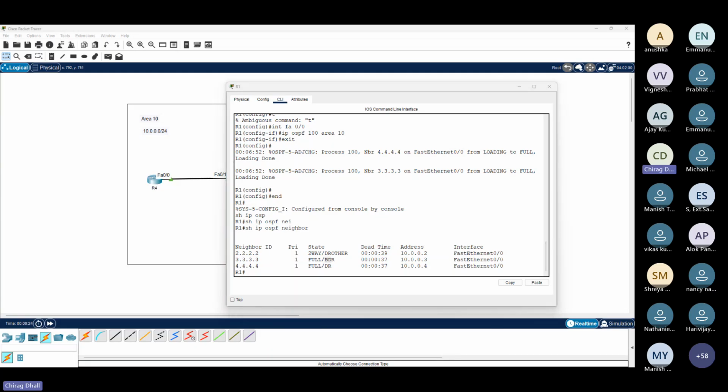Yeah, that's a usual practice of keeping the router IDs. Like for R1, you go for 1.1.1.1. R2, you go for 2.2.2.2. That's a usual practice, but it is not necessary.